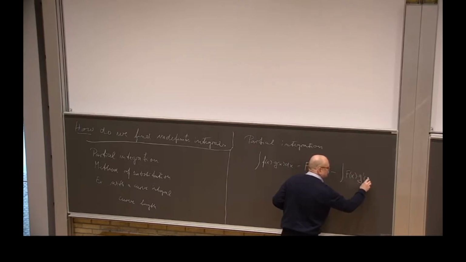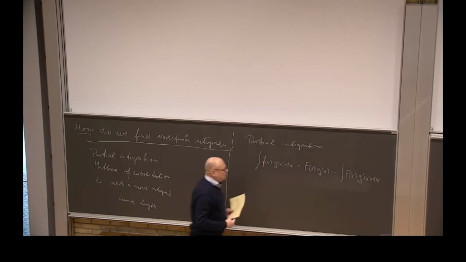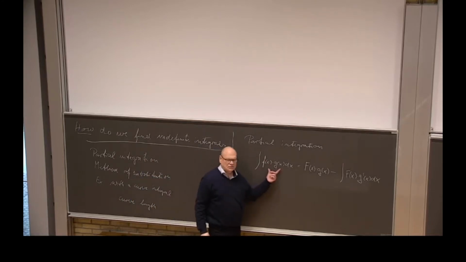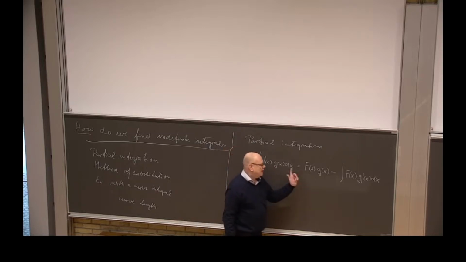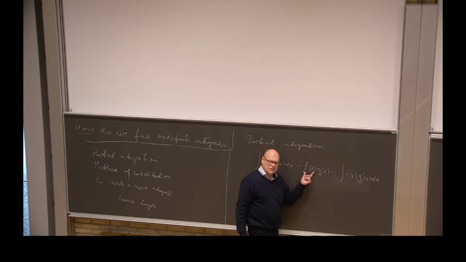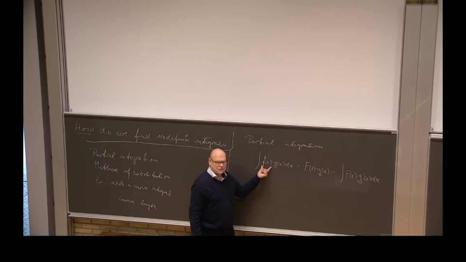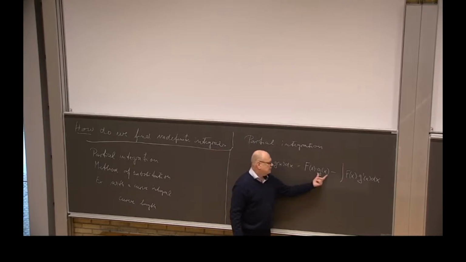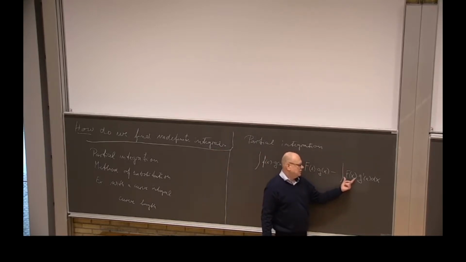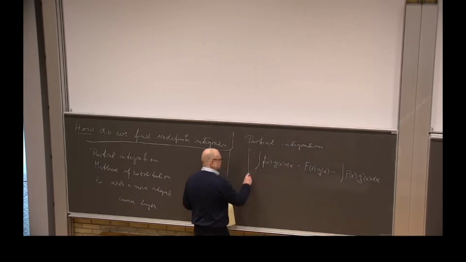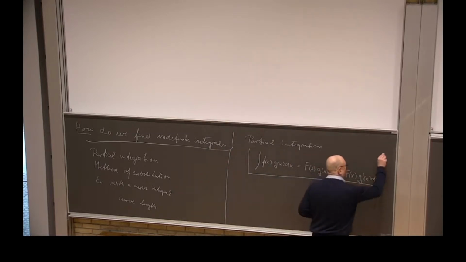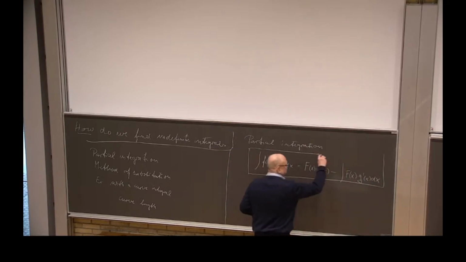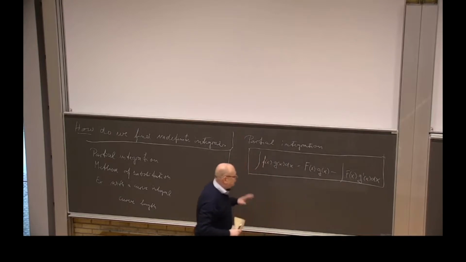If you have a product of two functions, then it is equal to the indefinite integral of the first factor times the second factor, and then minus the integral of this indefinite integral of the first factor times the derivative of the second factor. And you can easily prove this by just differentiating this formula. We're just going to use it.